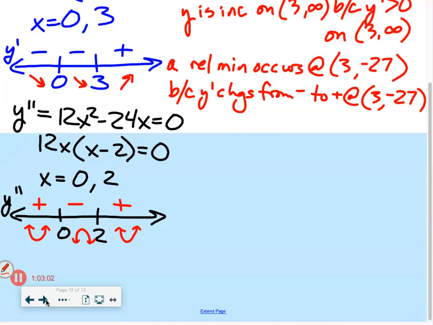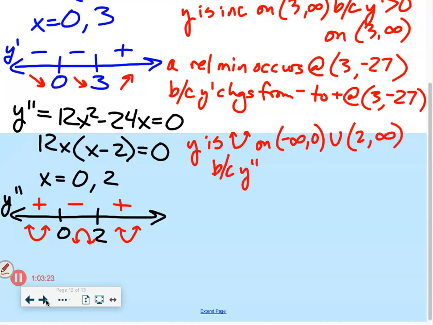All right, let's do concave up. I abbreviate concave up by drawing a little concave up symbol. Y is concave up, don't do that on the AP exam. Y is concave up on negative infinity to 0, union 2 to infinity, because y double prime is positive on those intervals.